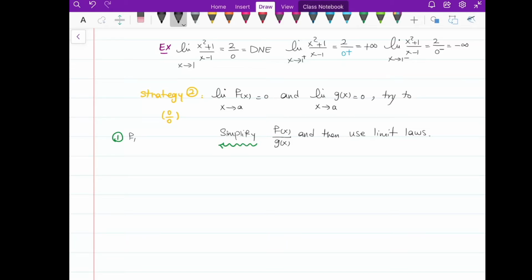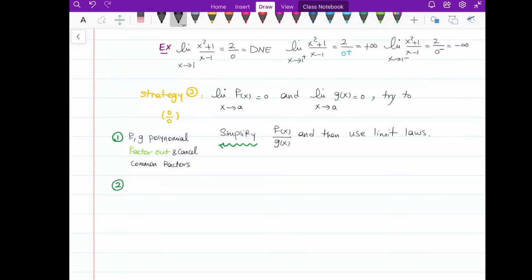For example, when we have f and g like polynomials, we're gonna factor out, if we can actually factor out, and then we are gonna cancel the common factors from top and bottom. And if we cancel out some common factors, then we won't get 0 over 0, and our expression is getting actually simpler.